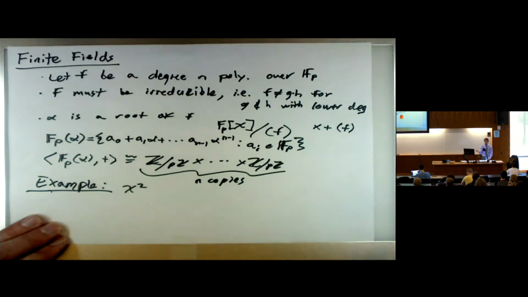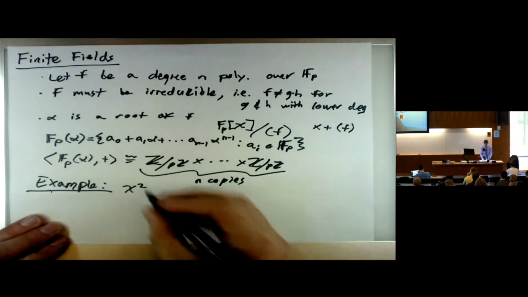So over F2, we're saying simply that the sum of the coefficients is even for it to have 1 as a root. So you simply need a polynomial that's quadratic, has 1 as the constant term, and an odd number of non-zero terms total. Well, there is only one of those, and that is this.